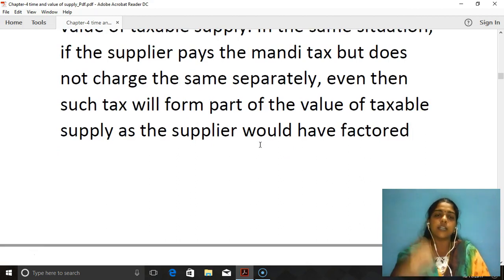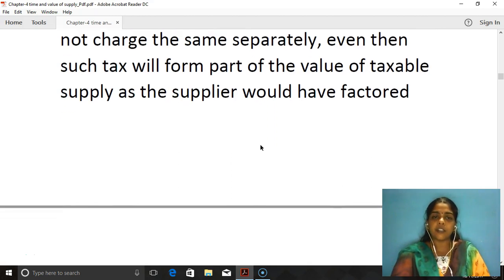So however you try to avoid tax, you cannot do so. You should include the taxes imposed under other law into this transaction value. So the transaction value would include the taxes which are paid under other laws.